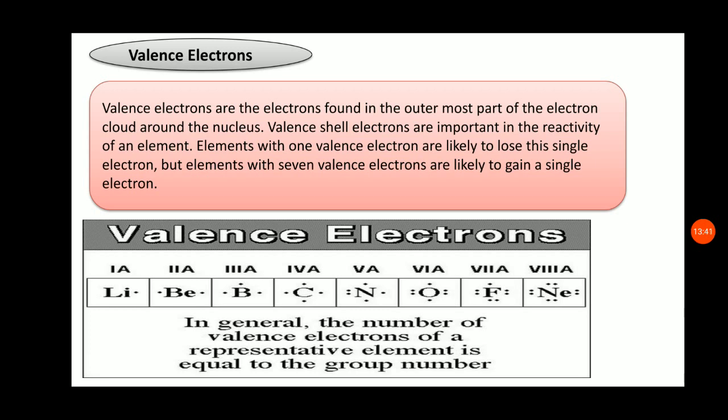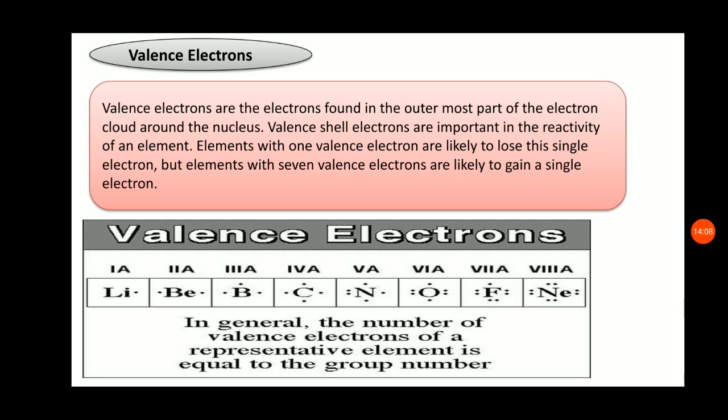For example, group 1A is the alkali metals. Alkali metals have only 1 electron in the valence shell. Group 2A is the alkaline earth metals, which have 2 electrons in the valence shell. The boron family has 3 electrons in the valence shell.